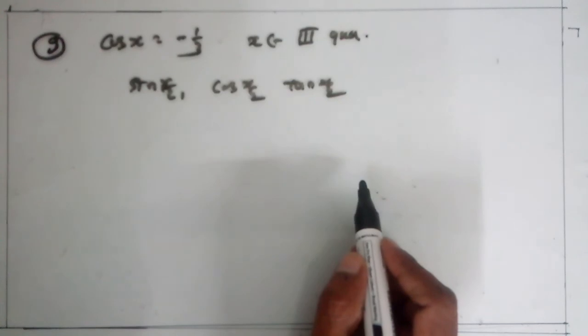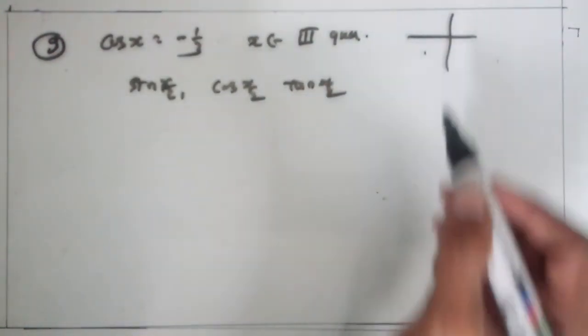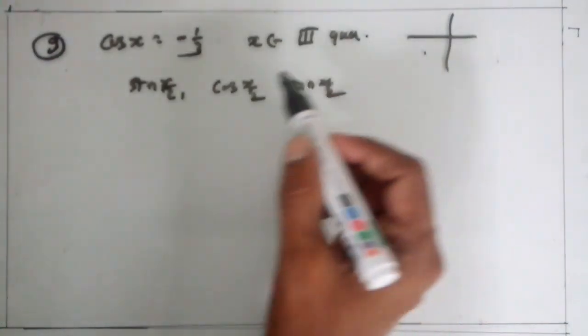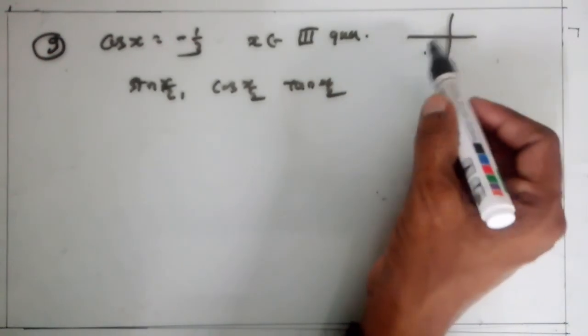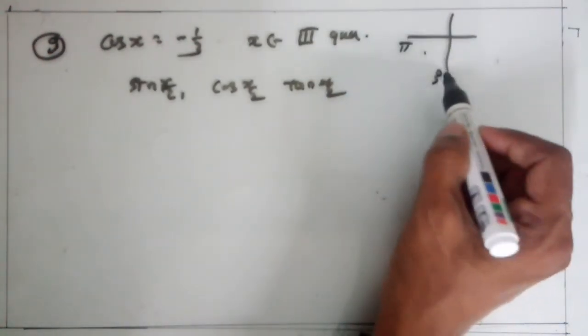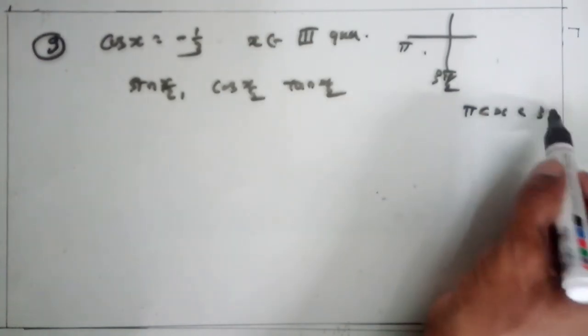Solve this question yourself. x in the third quadrant is given. In this quadrant, x lies in pi to 3 pi by 2. Pi less than x less than 3 pi by 2.